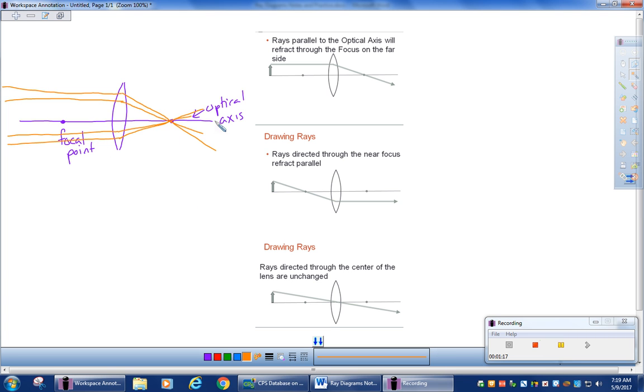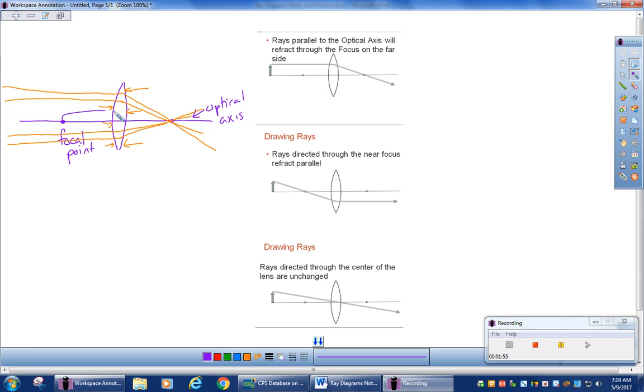And again, I have a focal point on the front side in case the light comes in from the right, and I have a focal point on the left side for when it comes in from the other side. So both points are called focal points. They are going to be the same distance from the lens regardless of which side that we're on.